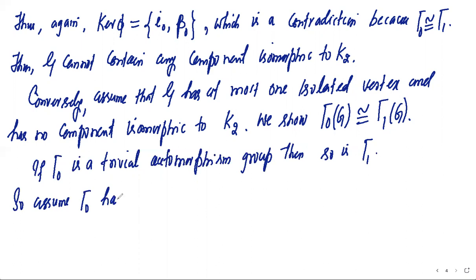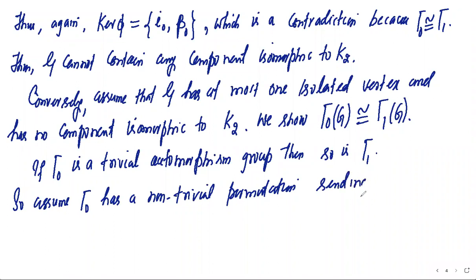Gamma 0 has a non-trivial permutation sending U to V, where U is not equal to V. So we are taking a non-trivial automorphism here. Suppose we assume gamma 0 has a non-trivial permutation, suppose alpha 0.